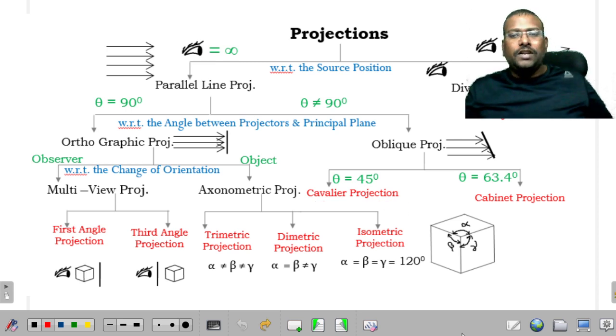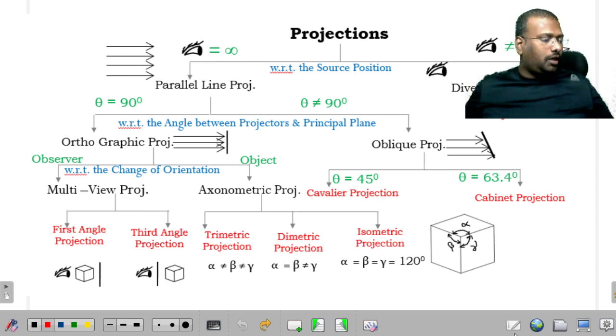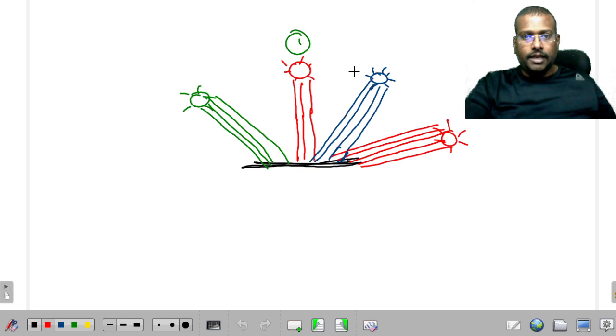Sir, what is the difference between Cavalier projection and cabinet projection? The difference you can observe in the real world also. Whenever the sun rises, just take an example here.